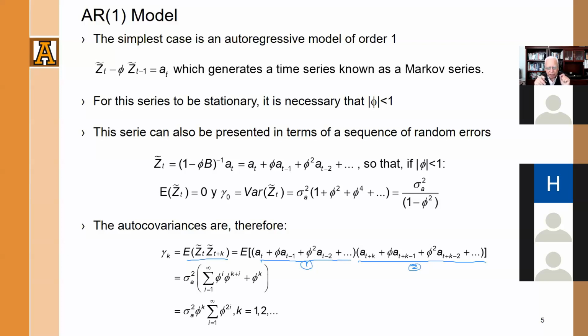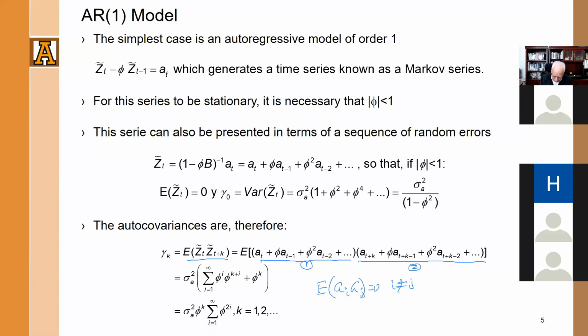When I multiply all these terms by the terms in this second polynomial, every time that I multiply a_i times a_j with i different from j, its expected value is going to be 0. So all the cross product terms where the subindex of a is different will be 0.